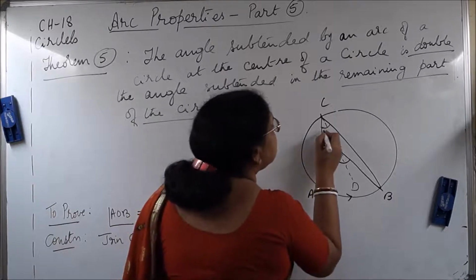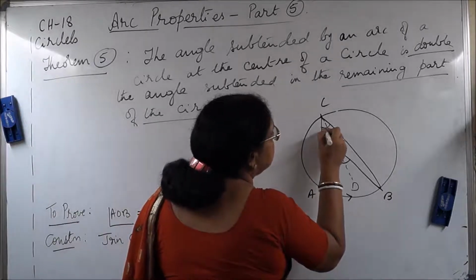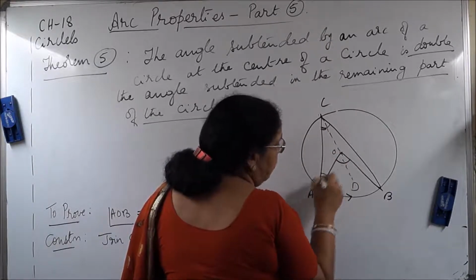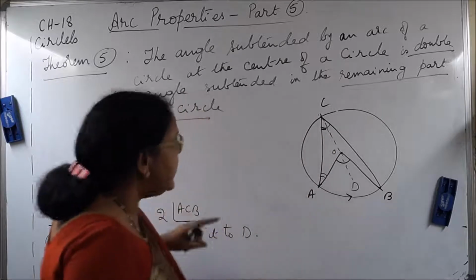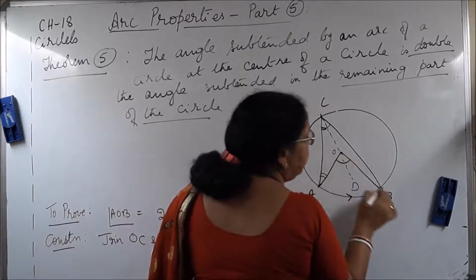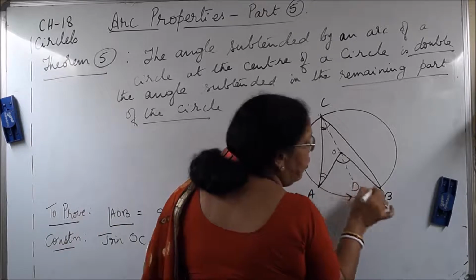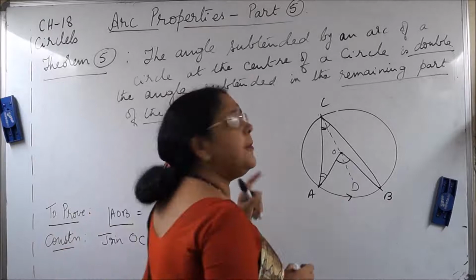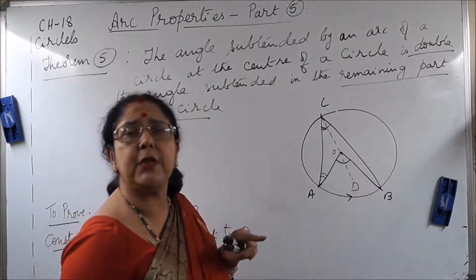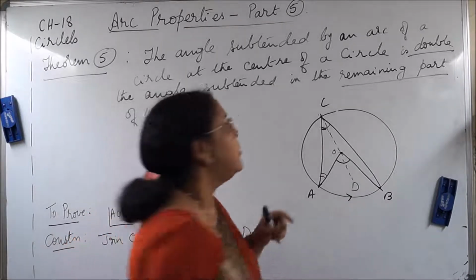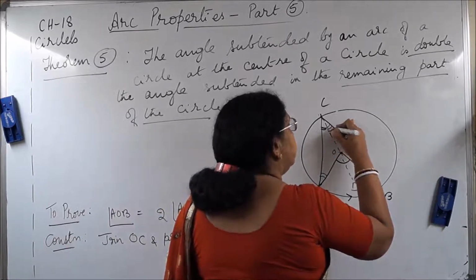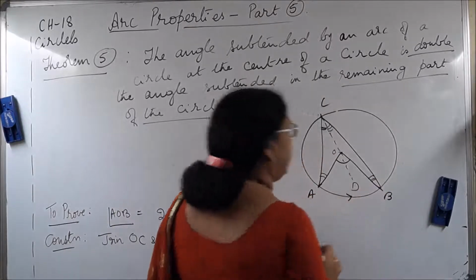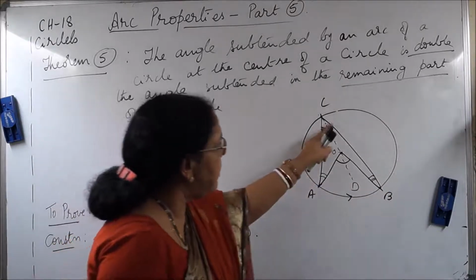So that means OCA will be equal to OAC. Agreed? Similarly, in triangle OBC, OC and OB are equal because they are radii of the same circle. So again, angles opposite to equal sides are equal. So angle OCB is equal to angle OBC. Agreed? So these two are equal, these two are equal.